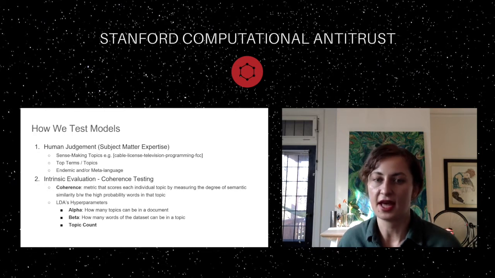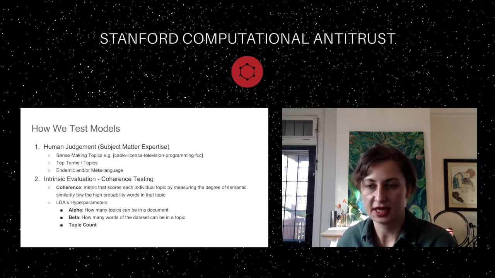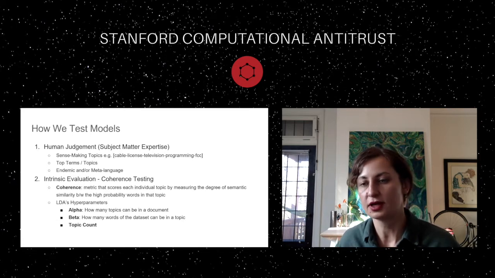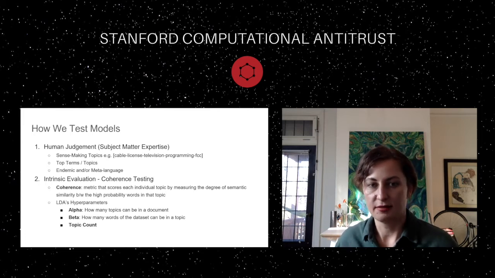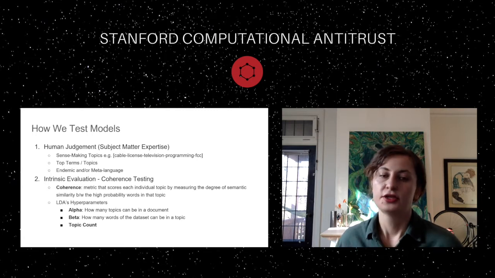We consider that language that's endemic to your specific data set. So we look for that and decide, does that prove our model is working? Should we remove those for stop words? Things of that nature.